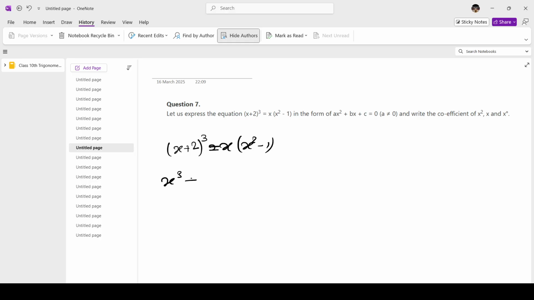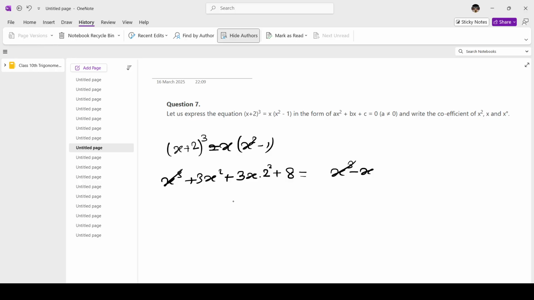This will come, plus x equals to x plus minus x. So this will cancel out with this.